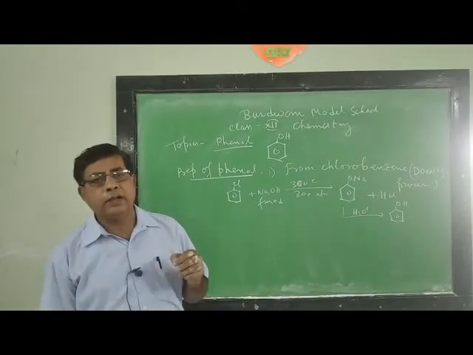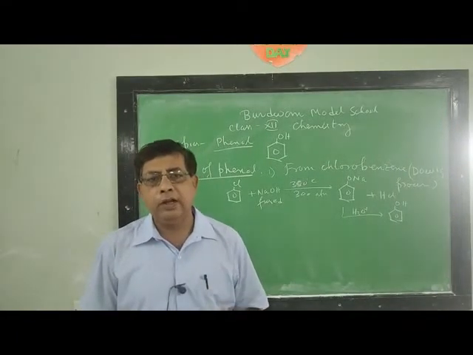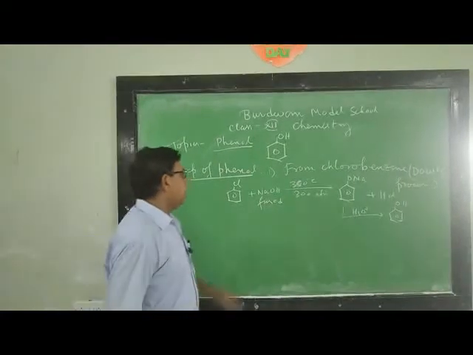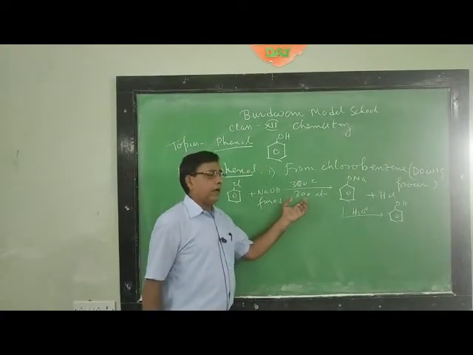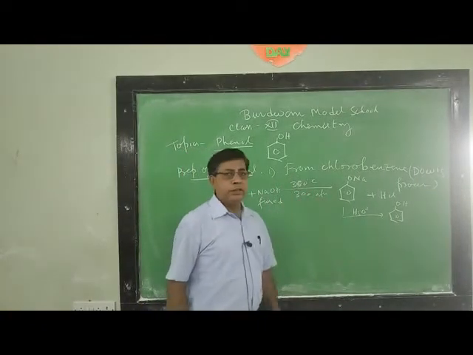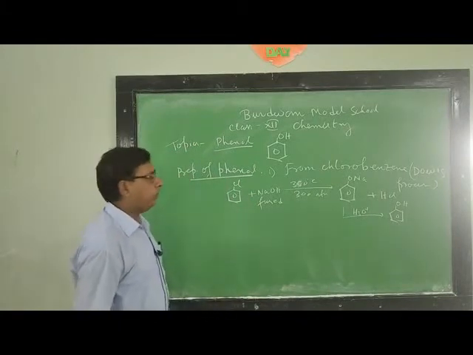This is due to the partial double bond character of the C-Cl bond and the lower polarity of the C-Cl bond, because carbon is sp2 hybridized. So vigorous conditions, high temperature and pressure, are needed to replace the chlorine with ONa. This is the first method, known as Dow's process.